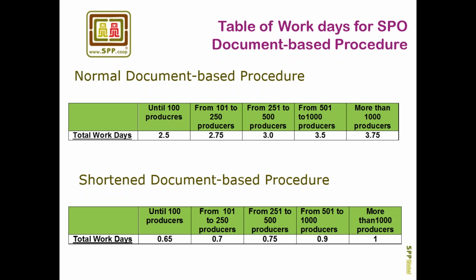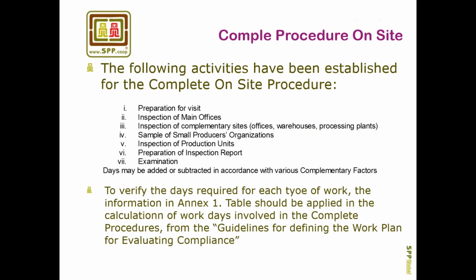In the case of complete procedures, the following activities have been established for the complete on-site procedure: preparation for visit, inspection of main offices, inspection of complementary sites, sample of small producers organizations, inspection of production units, preparation of inspection report, examinations.